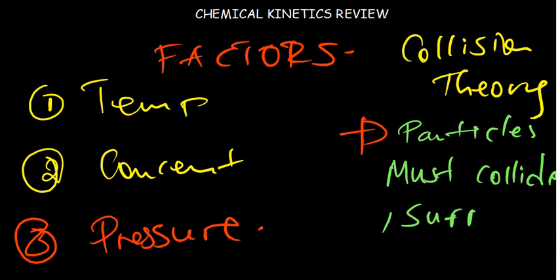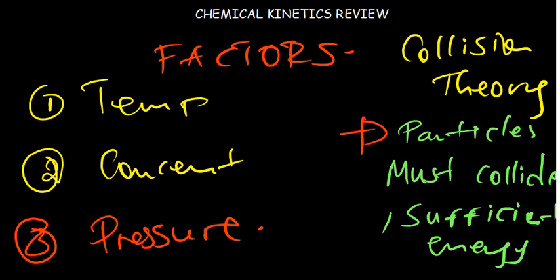With sufficient energy for a chemical reaction to progress. So each time we're thinking about the factors that affect the rate of a chemical reaction, we want to think: what should we do to produce more collisions between the particles of the reactants involved? And what should we do to also provide enough energy for the reaction to be initiated?